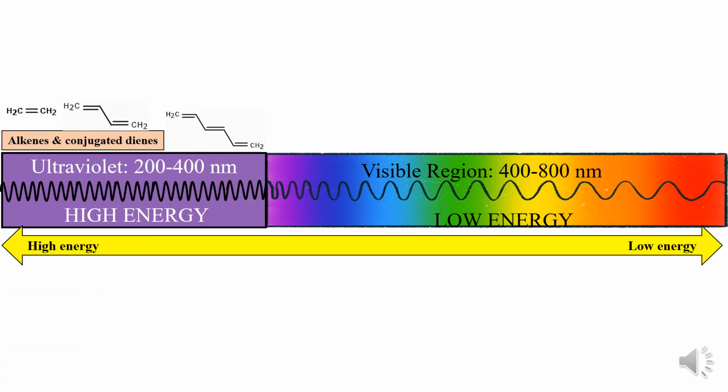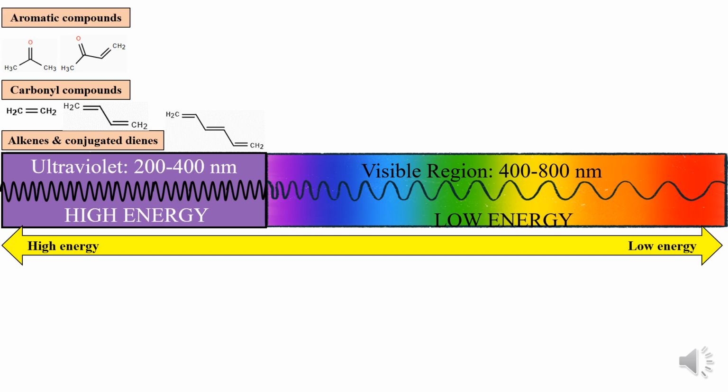Now there are certain compounds which absorb only in the UV region, compounds like alkenes and conjugated dienes. So alkenes like ethylene and conjugated dienes like 1,3-butadiene and 1,3,5-hexatriene absorb in the UV region. And also carbonyl compounds like acetone and methyl vinyl ketone also absorb in this region.